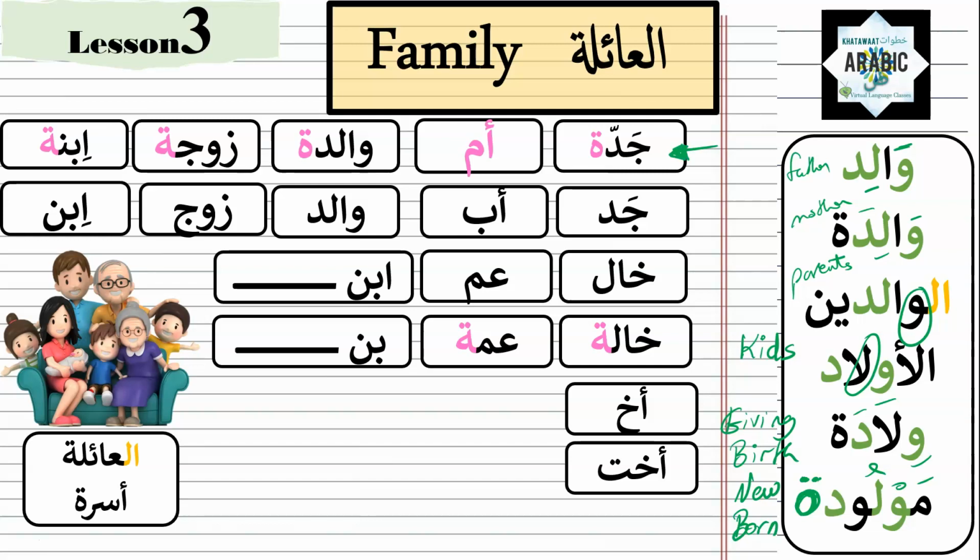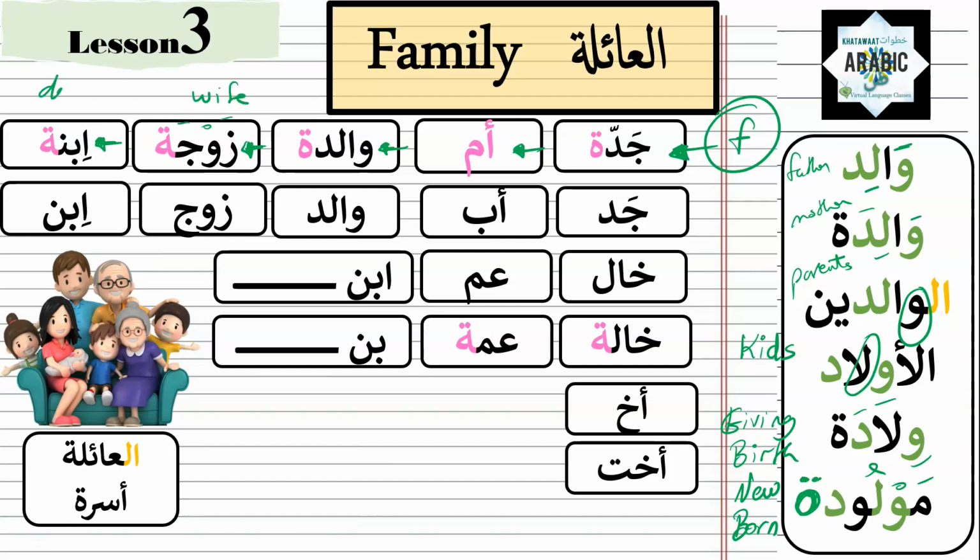جدة, أم, والدة, زوجة, ابنة. All of this is an indication to female or females. So we have a grandmother who could be a mother, of course, another form of mother. And then زوجة is wife.